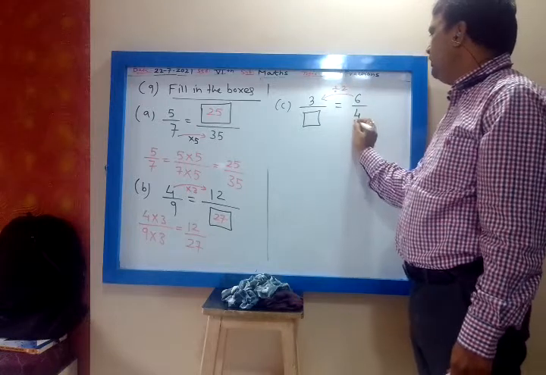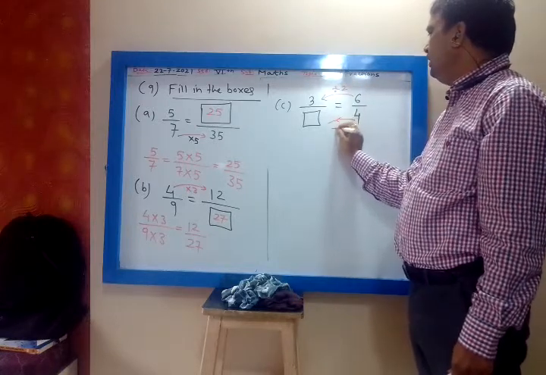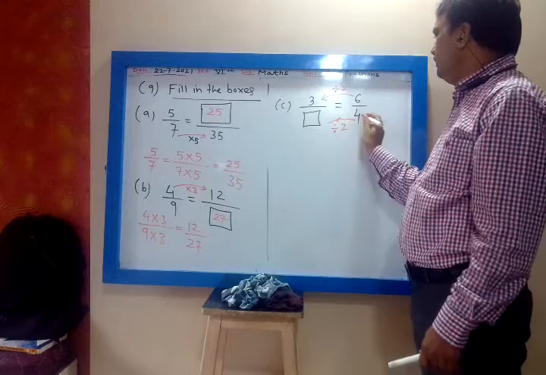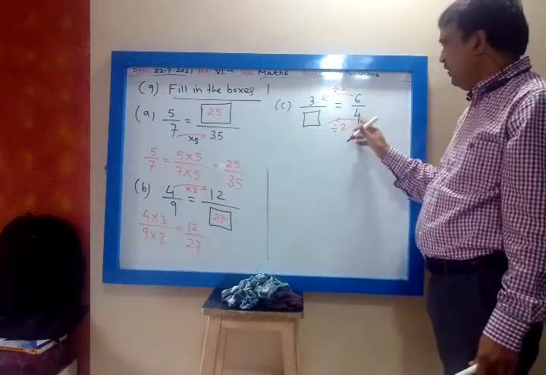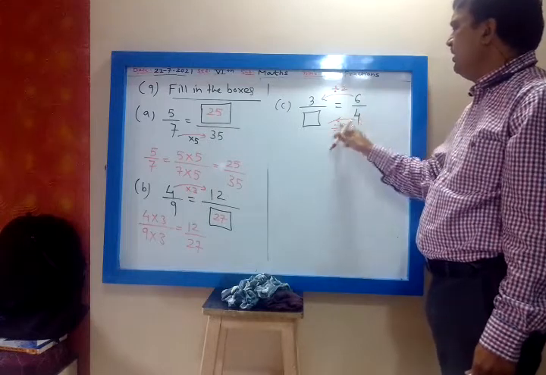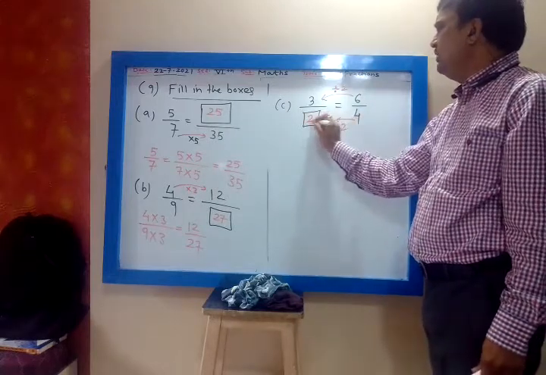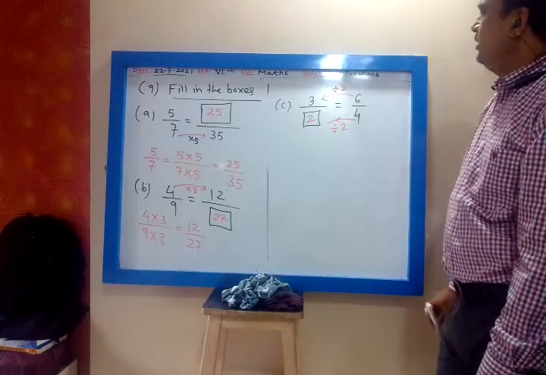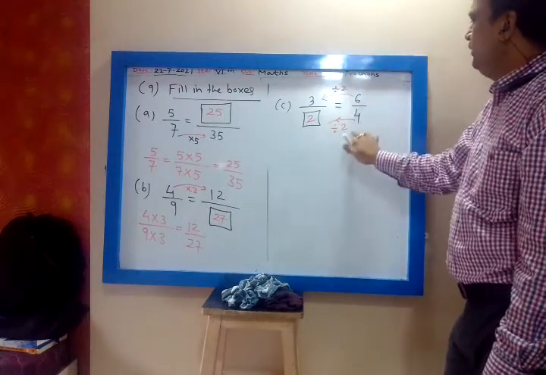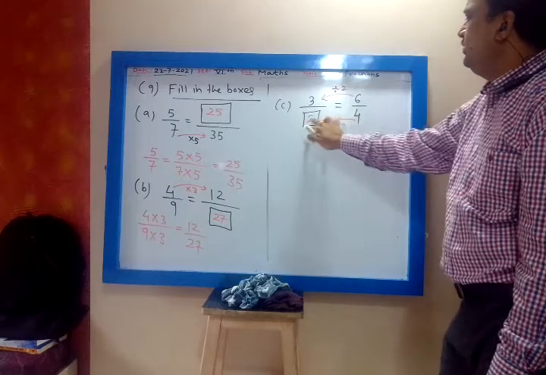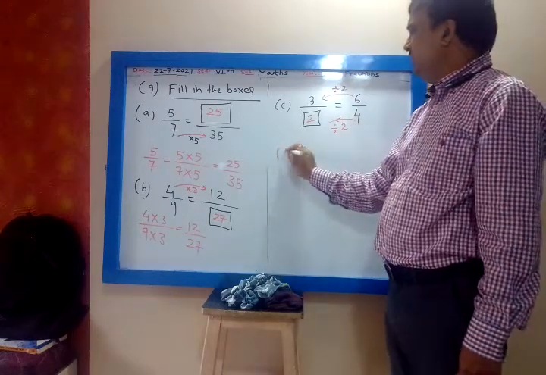So the denominator also you divide by 2. Not 8, my dear. 4 divided by 2 is 2. The answer will be 2. When we divide 6 by 2, it becomes 3. When we divide 4 by 2, it will be 2.